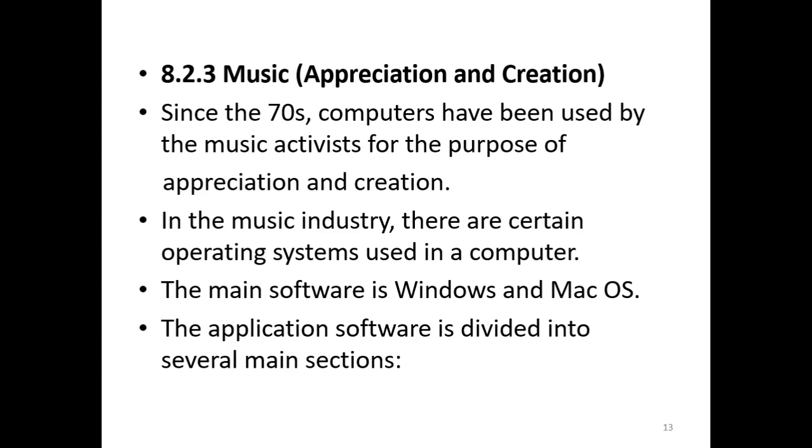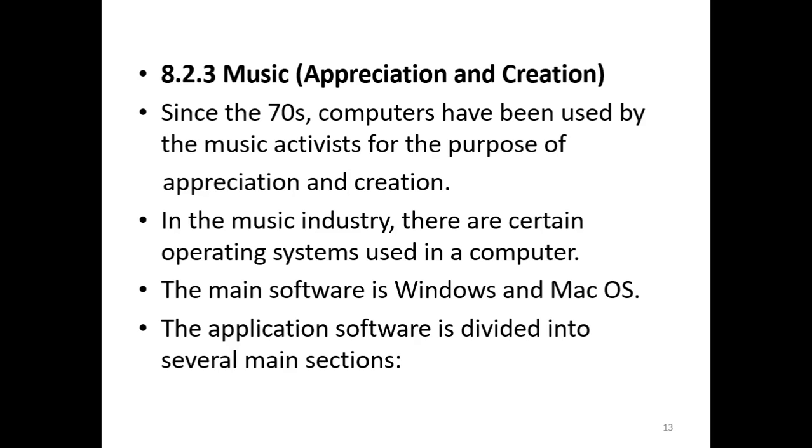And now we talk of music, how and why we use technology for appreciation and creation. Since the 1970s, computers have been used by music activists for the purpose of appreciation and creation.